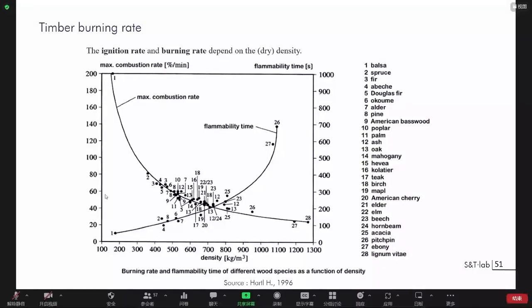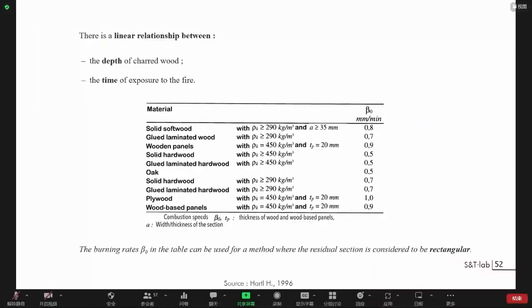Looking at the burning rate and the time you need to put some timber in flame, you will see a very obvious mechanism in which the higher the density, the more time you will need to flame timber, and the less will be the combustion rate of the timber. So choosing the heaviest timber elements will guarantee that it will be resisting better and better against fire, in addition to the protection mechanisms that timber has. And so you have typical rates.